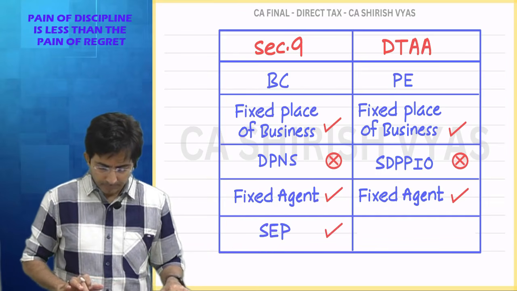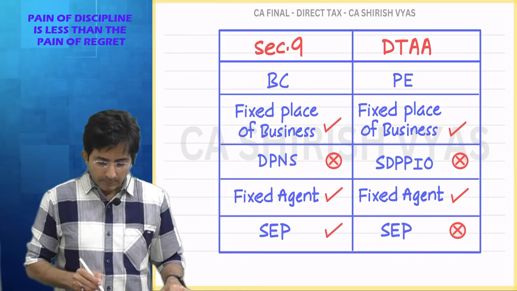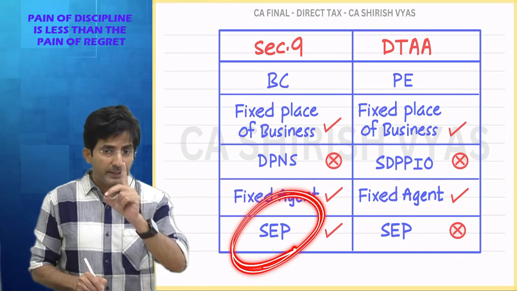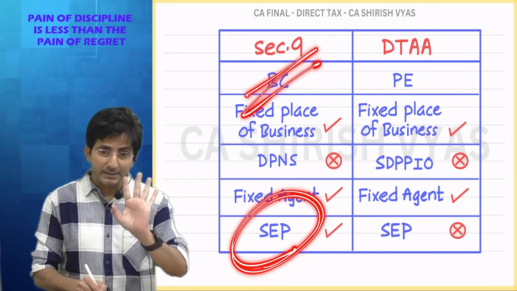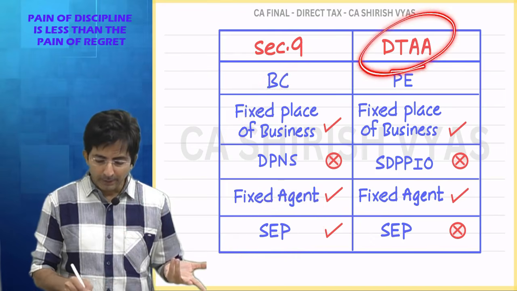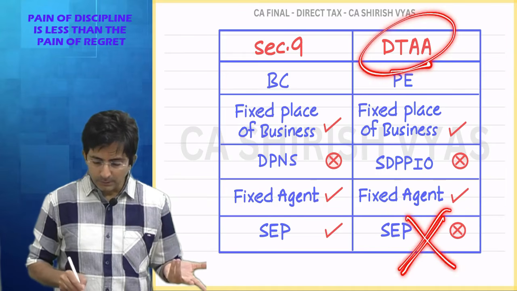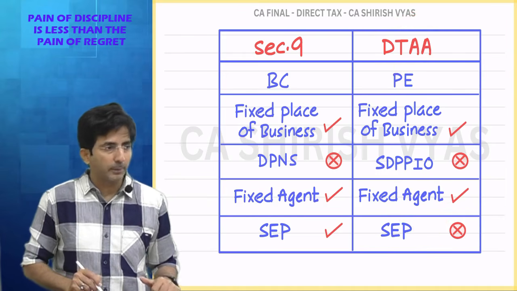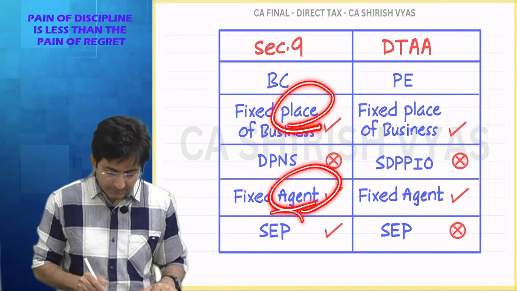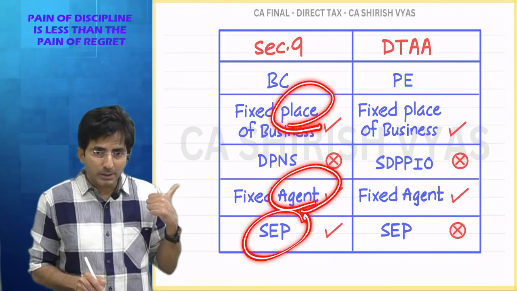Then, significant economic presence in India is also a PE in India. This torture is only in Section 9. But in DTAA, there is no concept of significant economic presence. Can you see this: fixed place, agent, SEP? This was the structure of my chart.